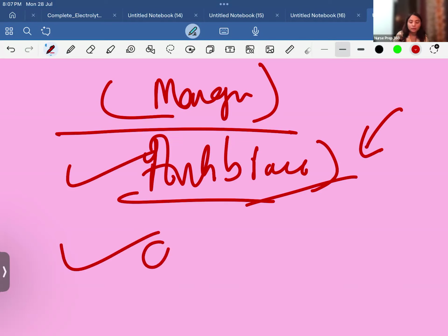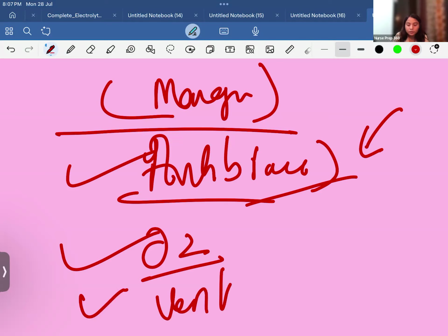Second is oxygen, because ventilation perfusion decreases, so you give the patient oxygen. Third is the ventilator. You will do spirometry, postural drainage, and chest physiotherapy. You can give a bronchodilator depending on the case.